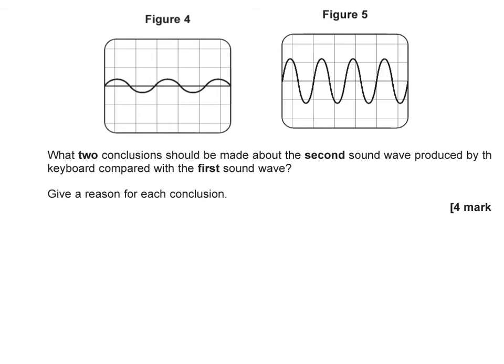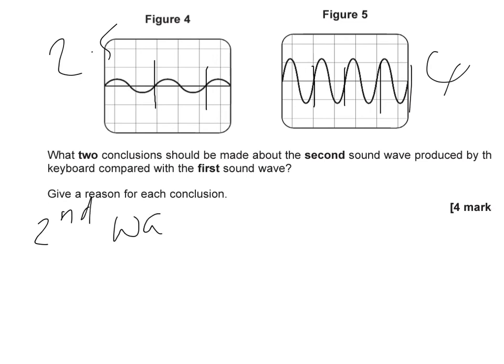So let's have a look for the second thing that we notice about the difference between the 2 waves. If we take this, we can see we've got 2.5 wavelengths there. Whereas with this one we've got 1, 2, 3, 4 waves. So 4 compared to 2.5 waves, which means that the second wave is more frequent.